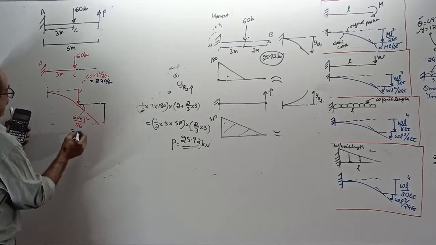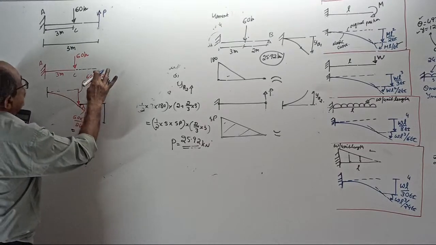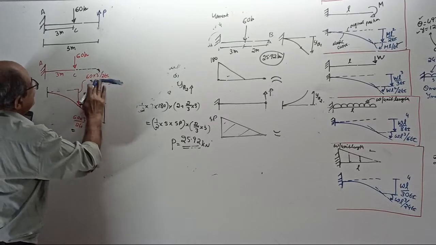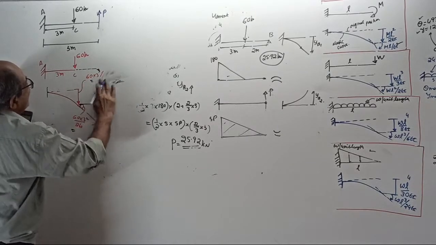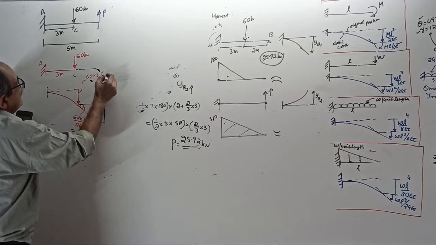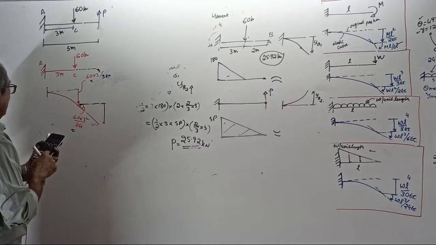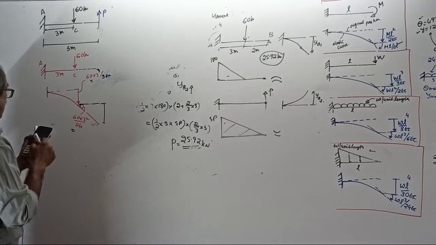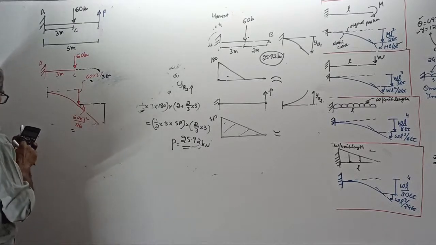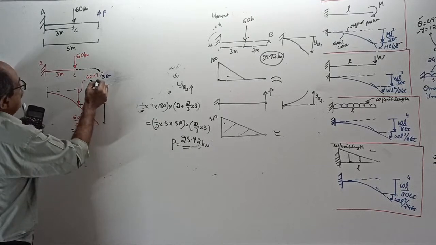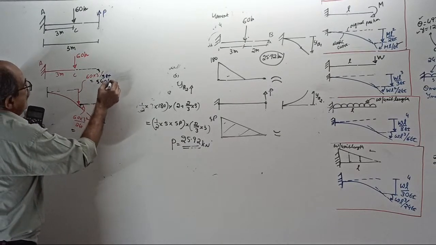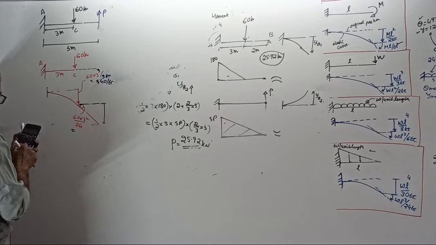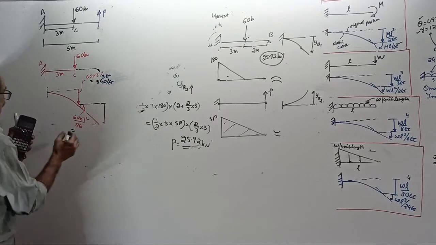Both are equal. Why? The deflection is 60 into 3 cube by 3 EI. 60 into 3 cube divided by 3 is 540 by EI. This slope is 60 into 3 square by 2 EI.